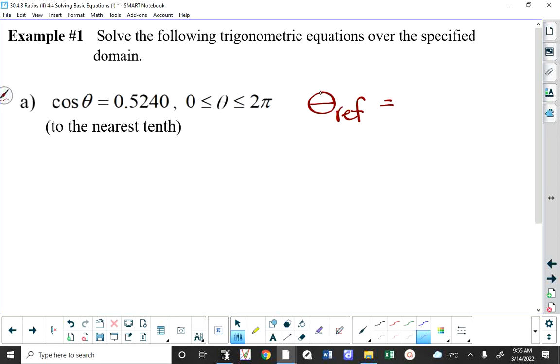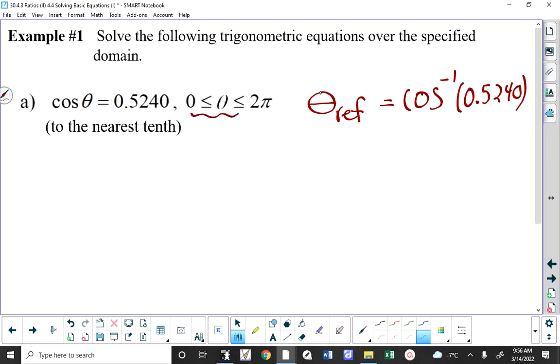The reference angle is found by taking what's called the inverse trig ratio. This is not an exponent. That's not what this means. It just means it's the opposite operation to cosine of whatever the trigonometric ratio is equal to. Now, we want an answer in radians.